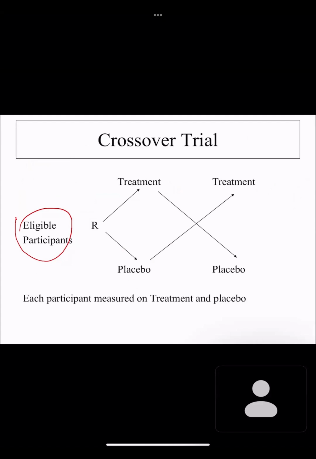Each participant is measured on treatment and placebo. But I would not confuse you, the crossover trial is a bit advanced. I would say the best example for a dependent sample is a before and after experiment. The same people, you take their measurement on the outcome, then you do your experiment on the same people and you measure at time 2. Matching is another one.